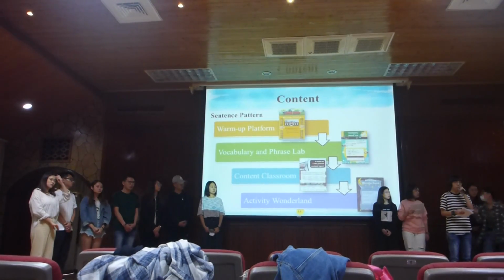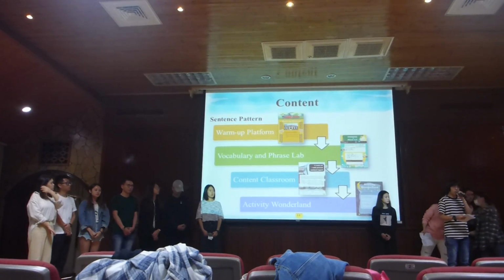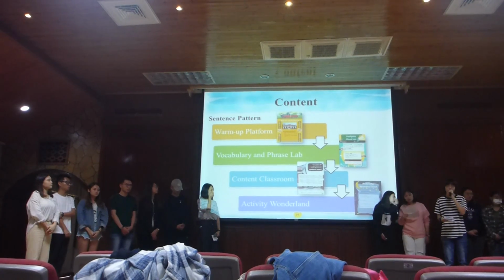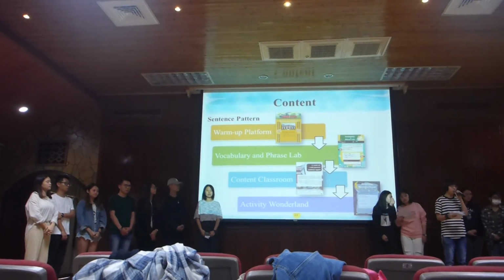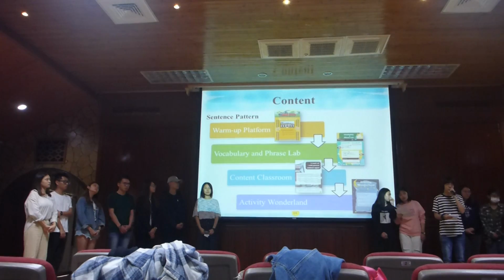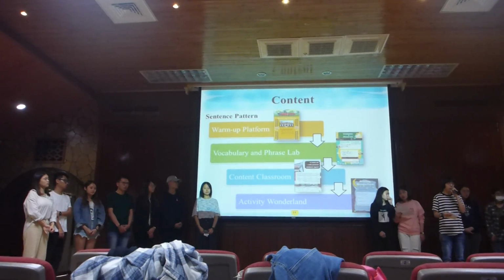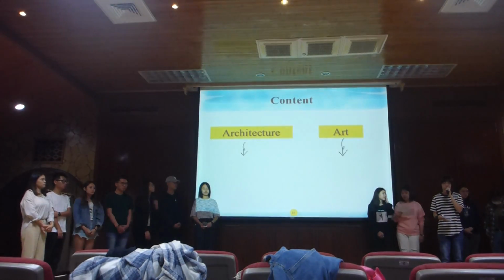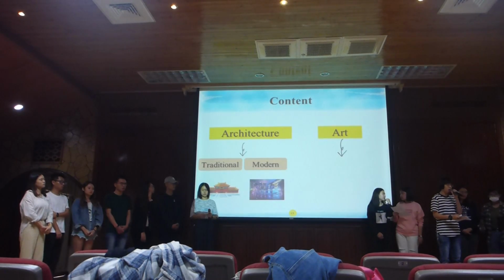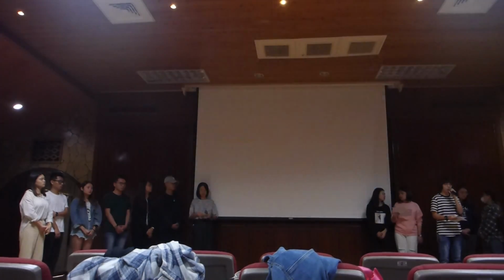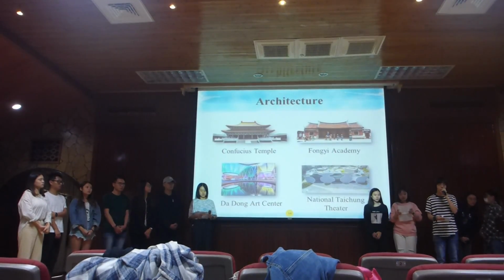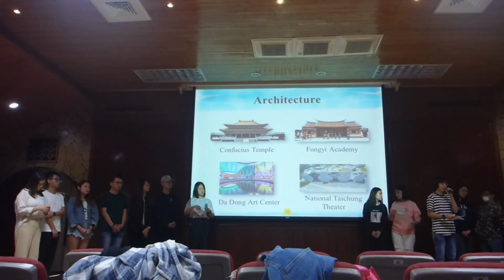In order to let students learn easily, we follow the same sequence, which are Book-Up platform, vocabulary and Brain Lab, content classroom, and activity wonderland. For the content, we have both traditional and modern architecture and art. For traditional architecture, we have Confucius Temple, Bongyi Academy.